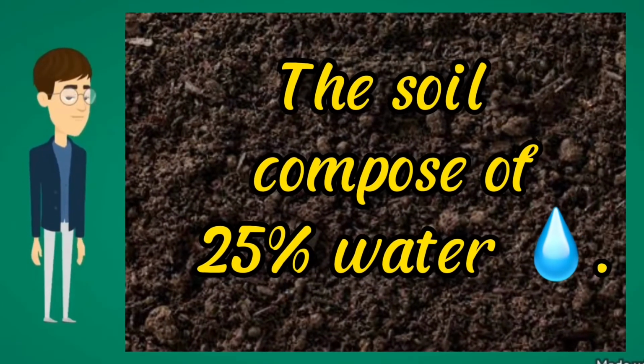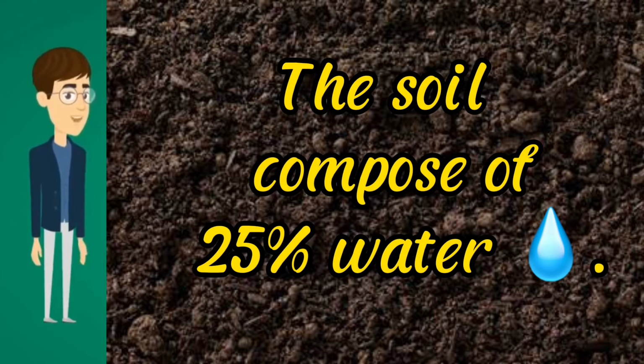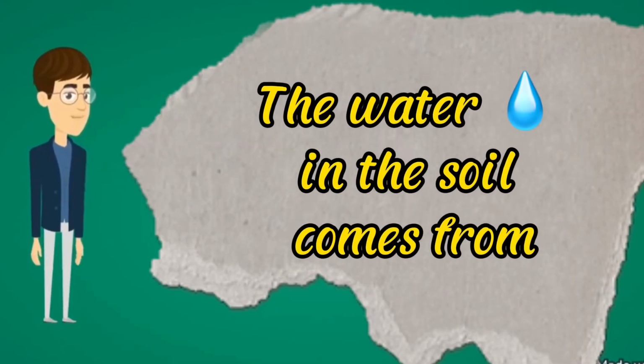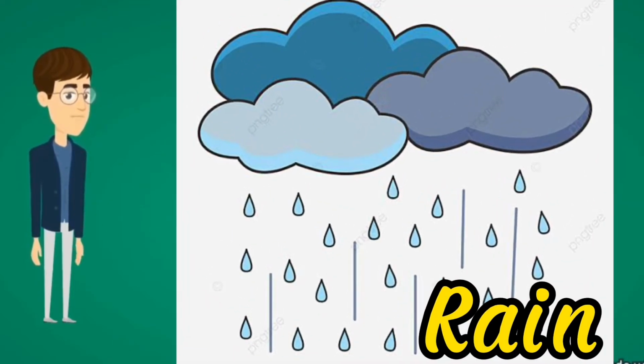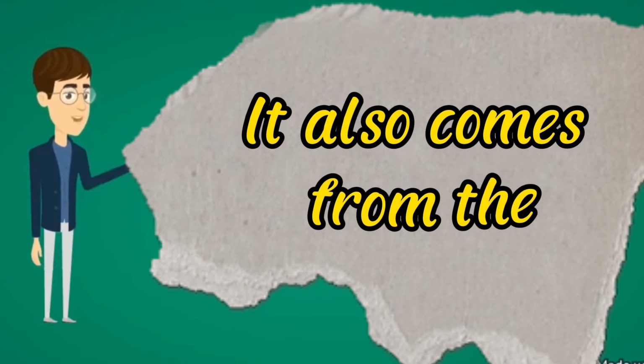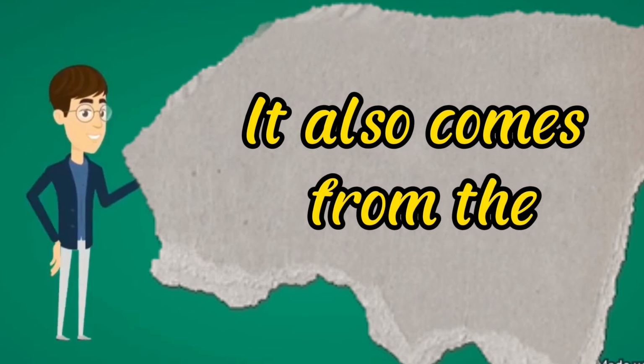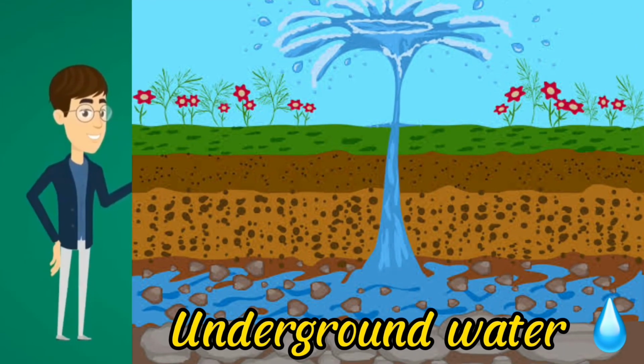The soil is made up of 25% water. The water in the soil comes from rain. It also comes from the underground water.